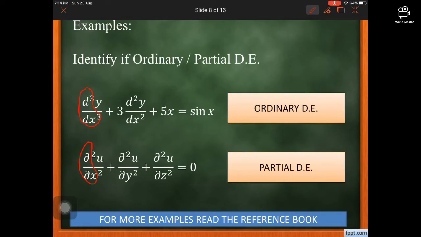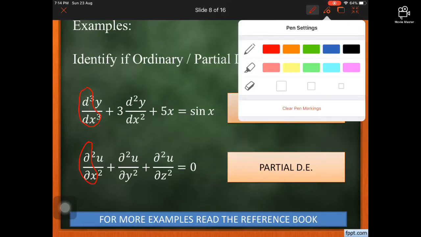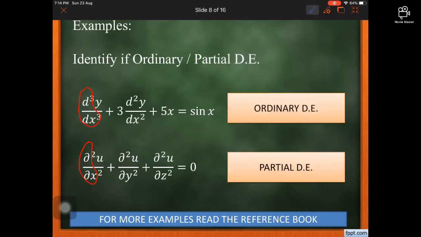Next, another characteristic of an ordinary derivative is that we only have a single independent variable. The independent variable is the denominator. So for the first example, you have only dx as your independent variable.